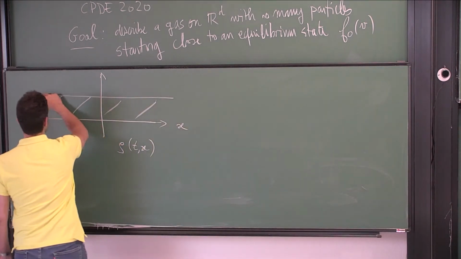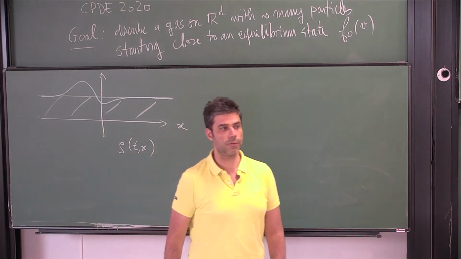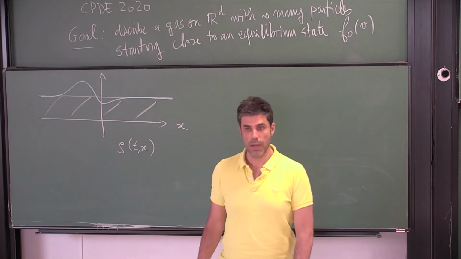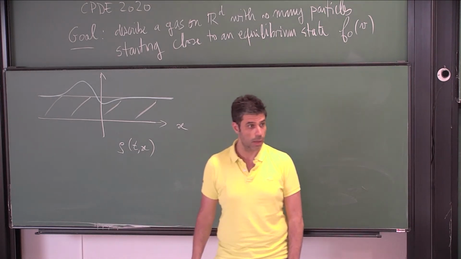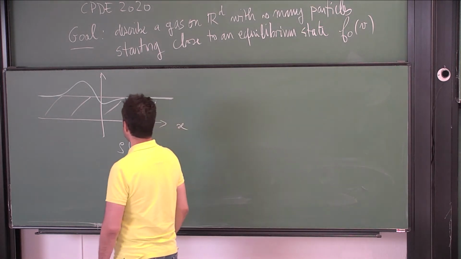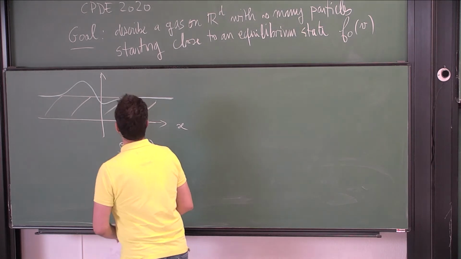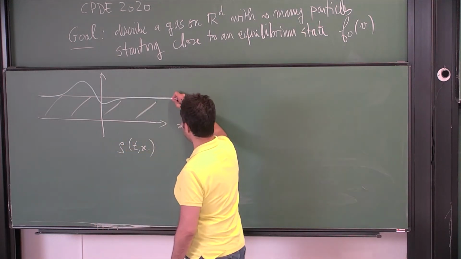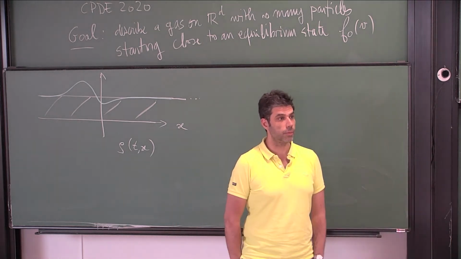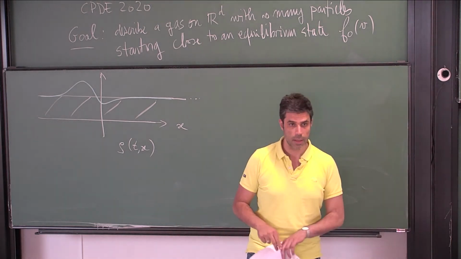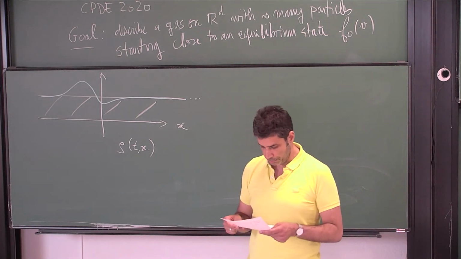Then I start with a perturbation of this gas, I turn on time, I wait, and I try to see the evolution of this gas close to the equilibrium state. The density is positive because at infinity, rho will be strictly positive. It will tend to a non-zero limit at infinity; it will not go to zero far away.